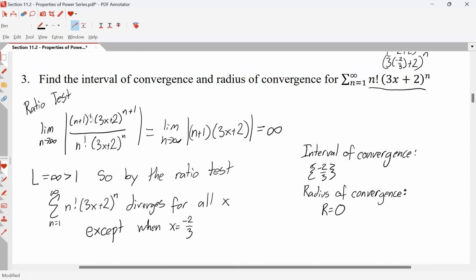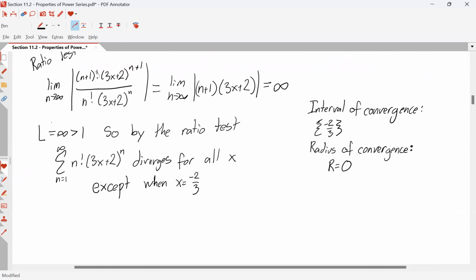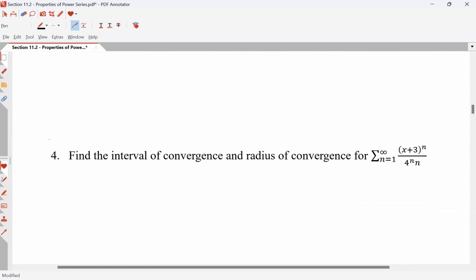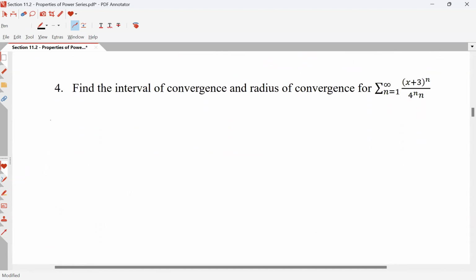We've had a case where the interval is just a single point and the radius is 0. Are those the only two options, or are there more? We are going to take a look at one more example.